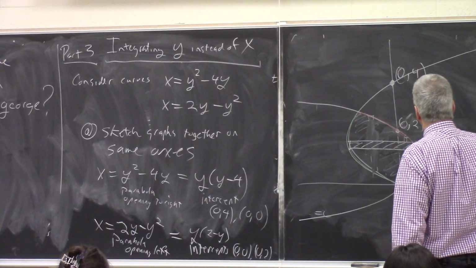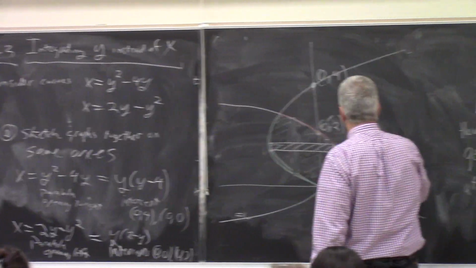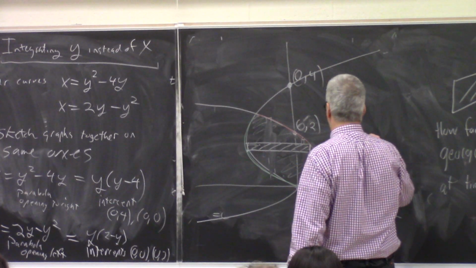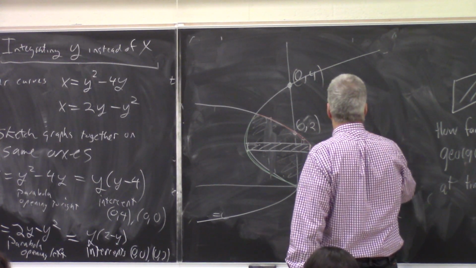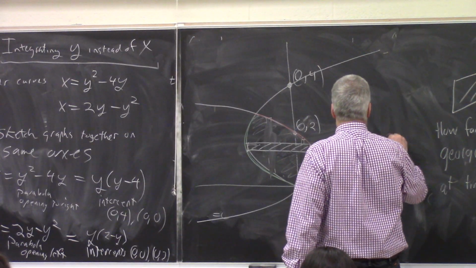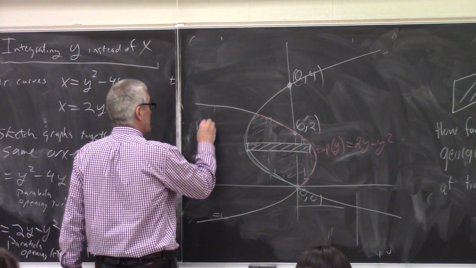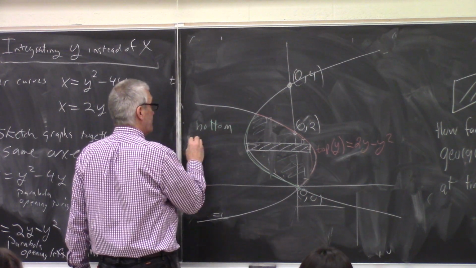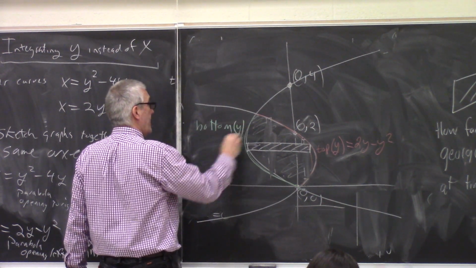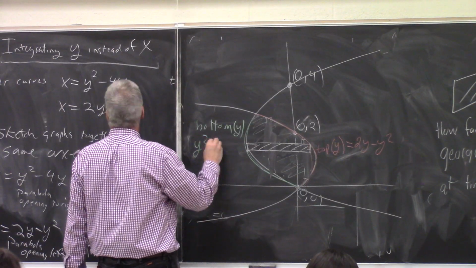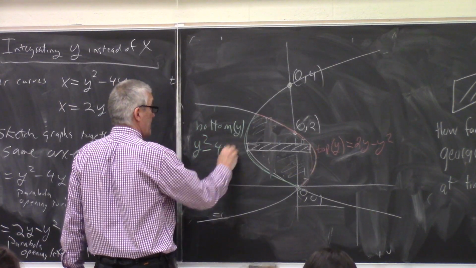It is a top graph whose variable is y. So that's 2y minus y squared. And our bottom graph is this green graph, which is a function of y, which is y squared minus 4y.